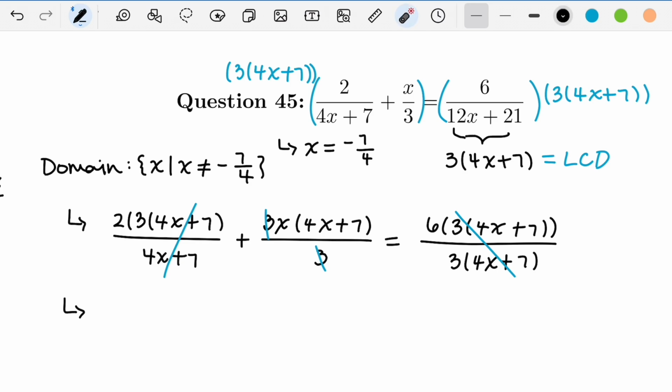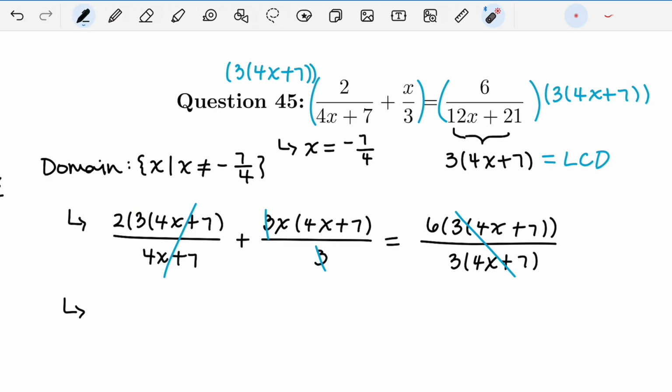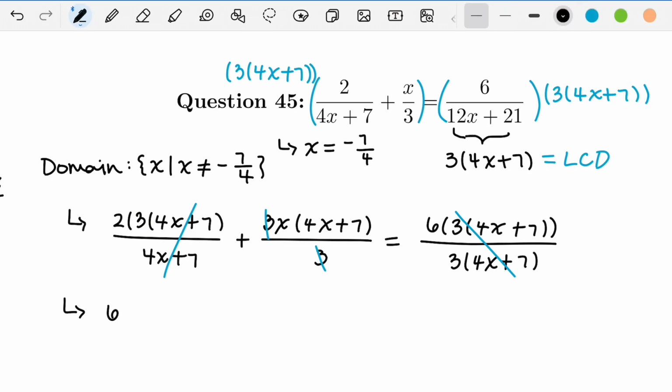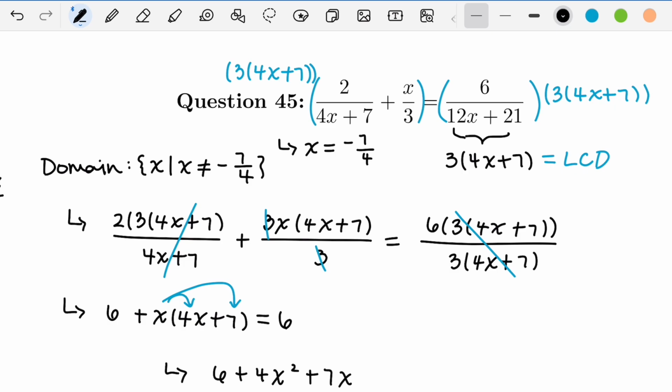What we're left with for our first term is just going to be 6. For our second term, we're going to have x times our 4x plus 7. And on the right-hand side, we're just going to be left with 6. So from here, we'll distribute this x to both terms in our parentheses. Let's move this over. We're going to get 6 plus 4x squared plus 7x is equal to 6.